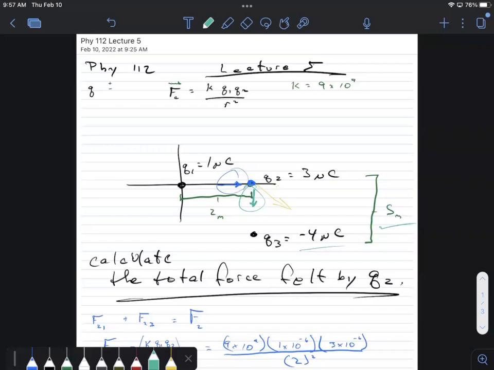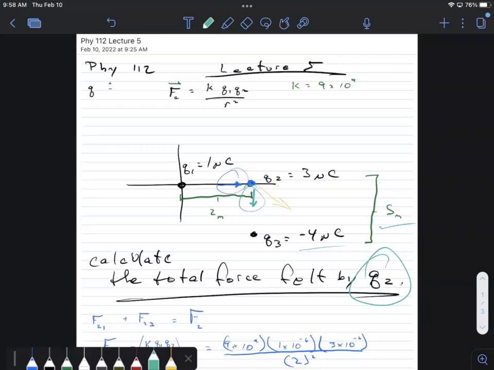Well, the answer, of course, is the problem doesn't care what happens to 1, and the problem doesn't care what happens to 3. All I care about is what's happening to charge 2. So ignore which direction 1 is going to move. It doesn't matter to me. I may have a different problem or a part B that'll say, okay, now tell me what happens to charge 1. Then I worry about charge 1.